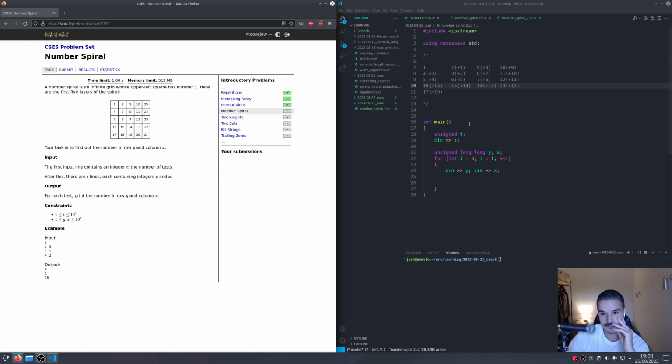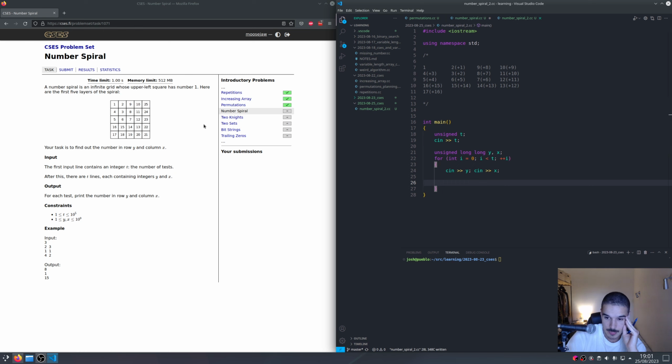So I think, to be honest, all we need to do, and that's 1, 2, 3, 4, 5. Yeah. So I actually think all we need to do is take whichever one is bigger.